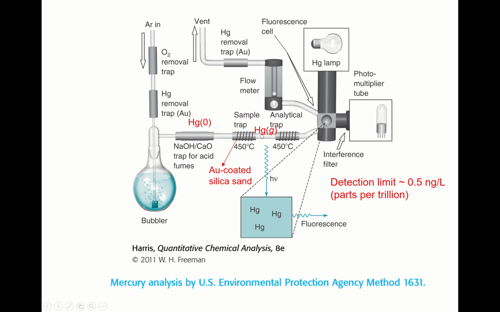through several traps. Okay, first a sodium hydroxide and calcium oxide trap for acid fumes, and then, important, two traps here, the sample trap and the analytical trap. Okay, now here in the sample trap, you see, you have gold coated silica sand, okay, and all the mercury is trapped by this gold coated silica sand.